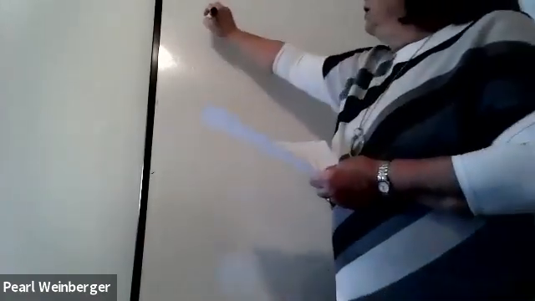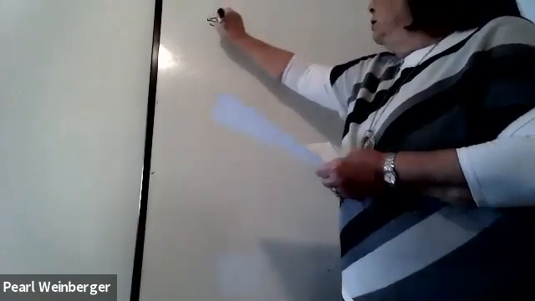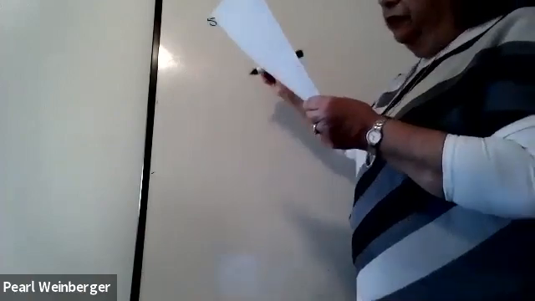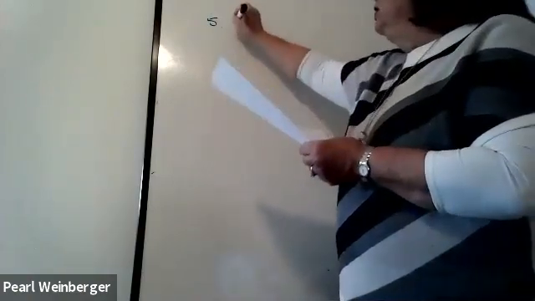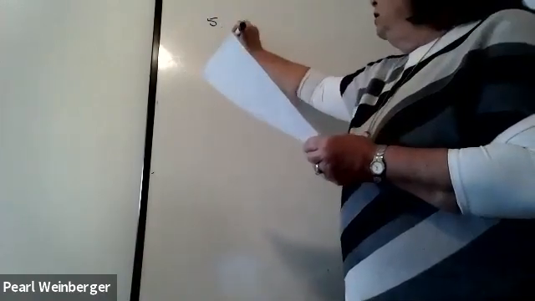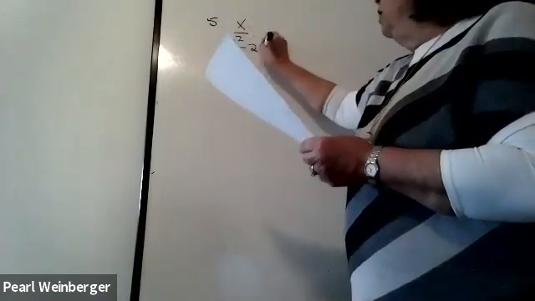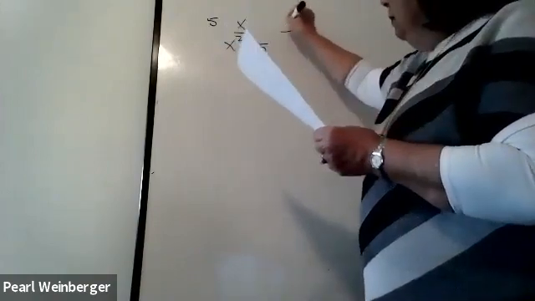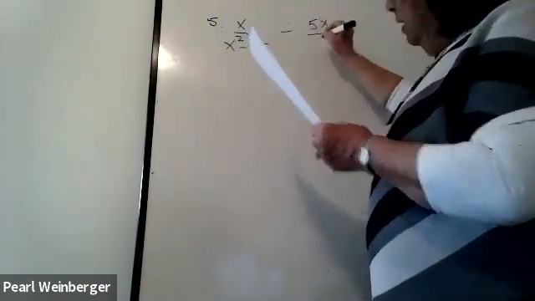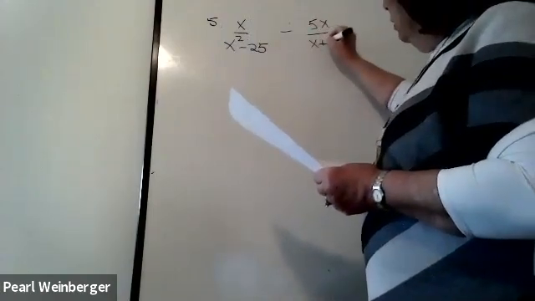Number 5 looks like this. Again, it says perform the indicated operation and simplify. We have x over x squared minus 25 divided by 5x over x plus 5.